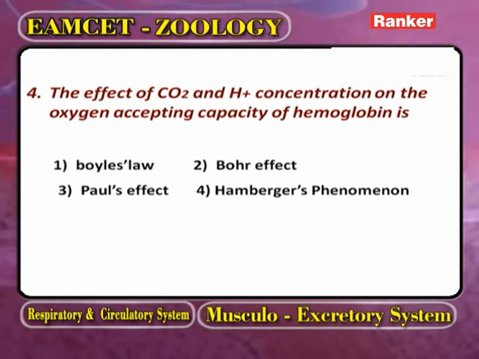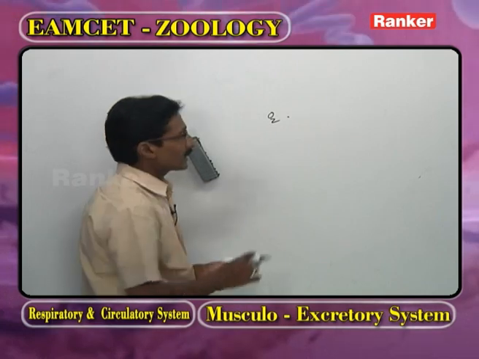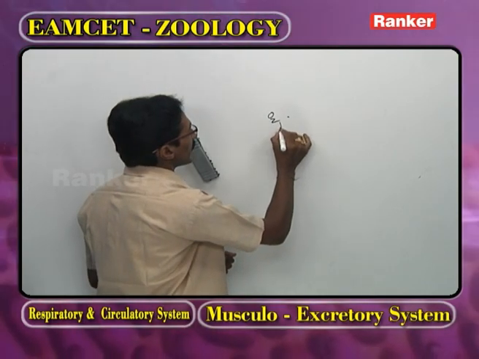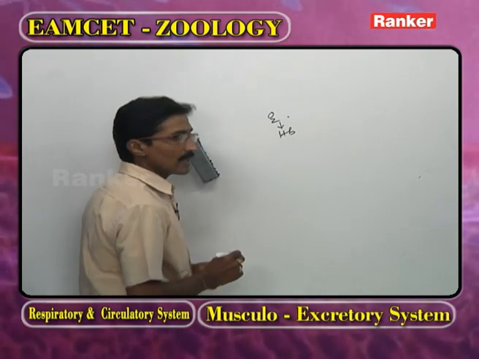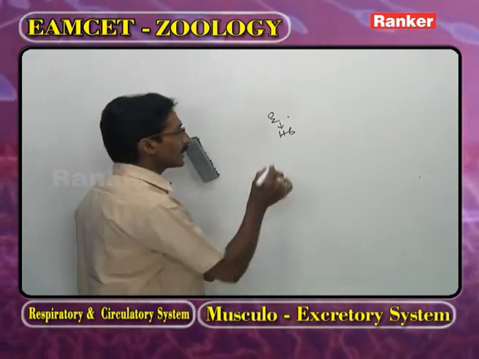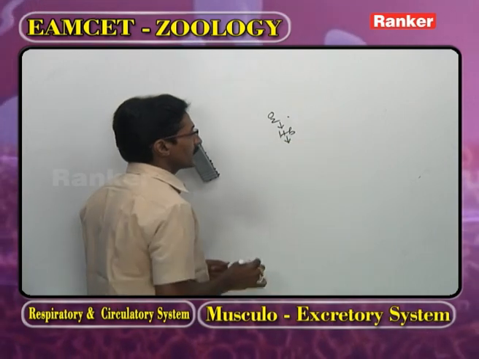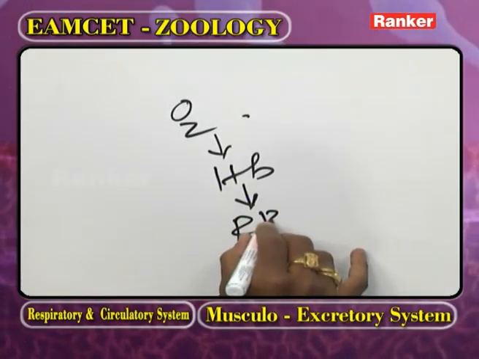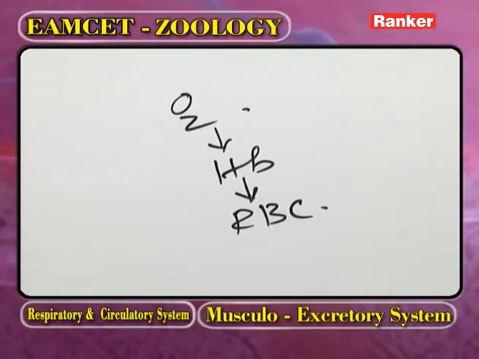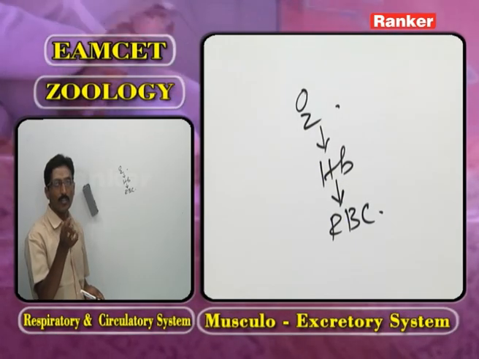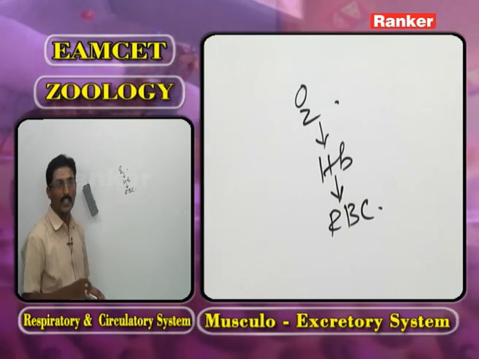Now we know very well, as we observe the oxygen transport, the oxygen is carried by hemoglobin. In all vertebrates, don't forget it, without RBC, there is no hemoglobin. But in case of invertebrates, just remember the annelida.